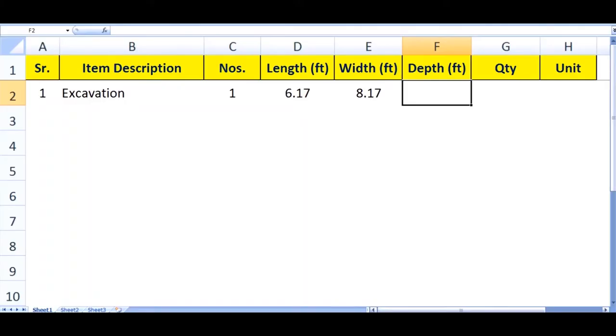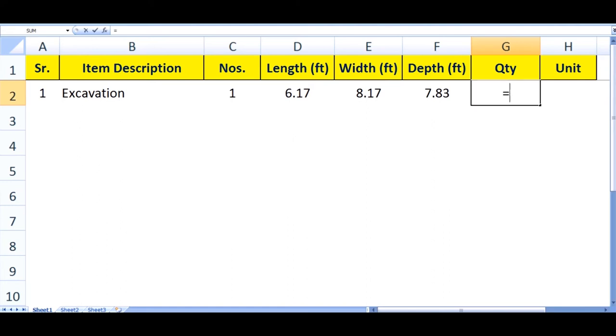So we write here 4 by 12, that is the lean concrete, and then after lean concrete we add 1 foot, that is 12 inches, that is the base slab, and then 6 feet, that is the clear height, and at the end 6 inches for top slab.